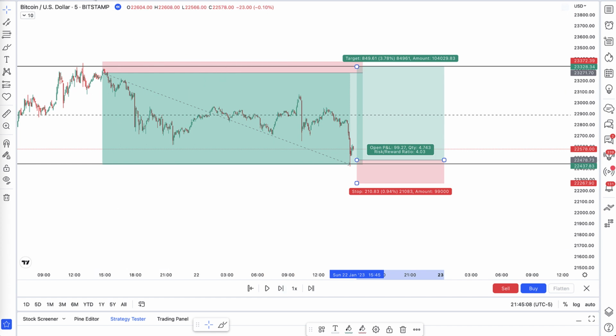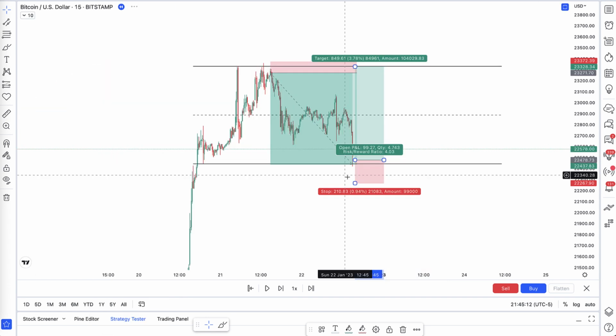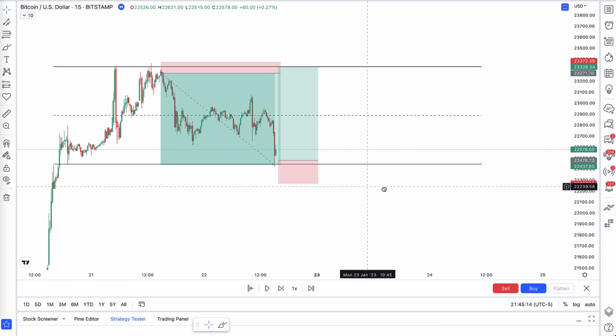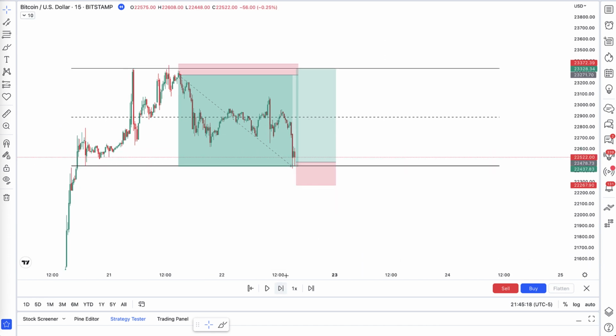And I'm just going to change this back to a 15-minute chart so it actually goes quite a bit quicker than what we're seeing here right now. So let's just let it play and let's see what happens over here. So we got the entry right there, as you can see. That's perfect.